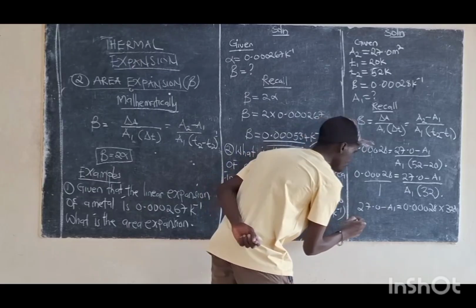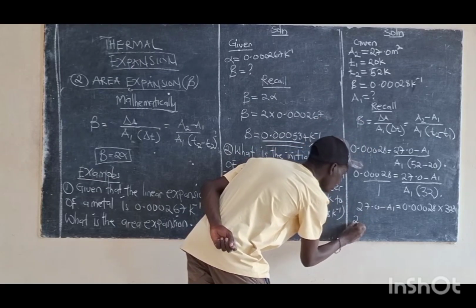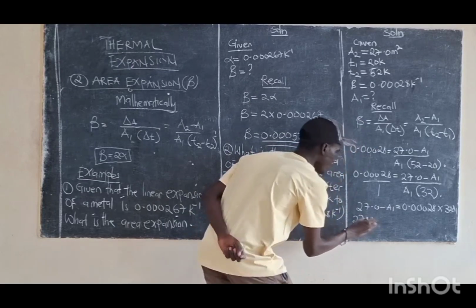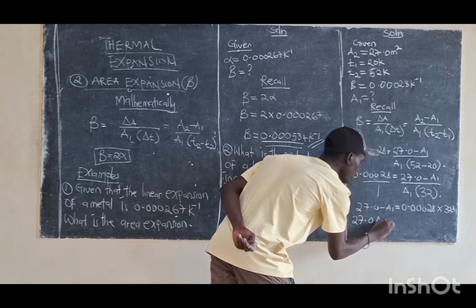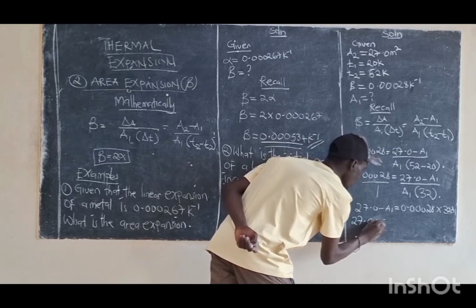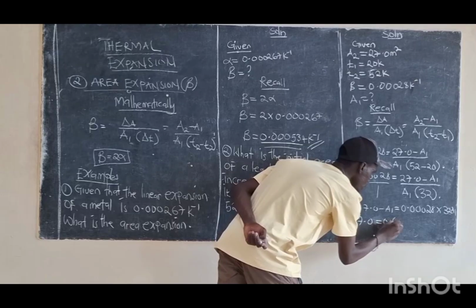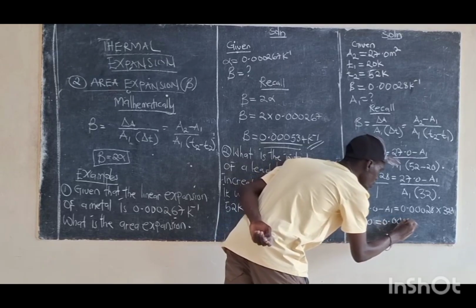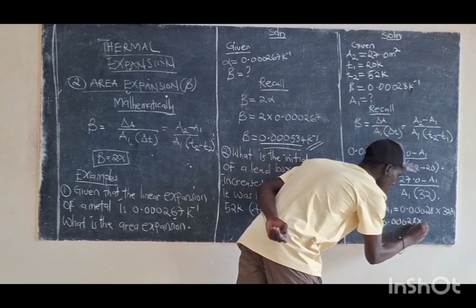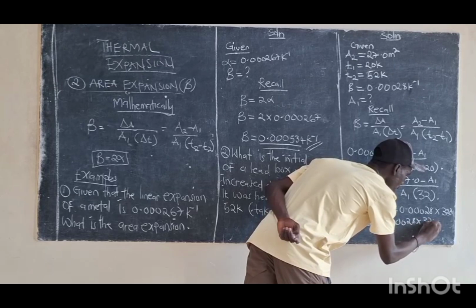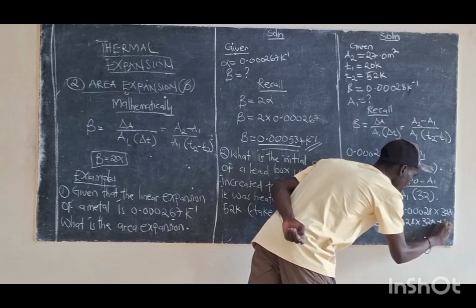We say that 27.0 is equal to 0.00028 times 32 A1 plus A1.